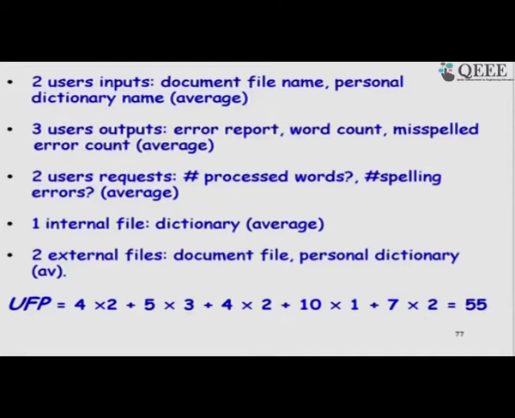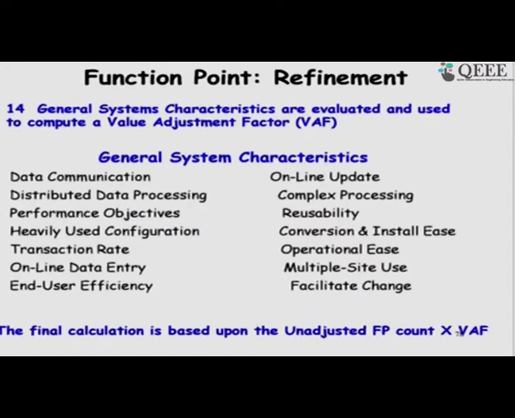and the next step would be to compute the value adjustment factor to either scale this up or down to get the final function point, depending on what the reliability requirements are and so on. So, Albrecht identified 14 characteristics of the software, and each of these we have to judge on a scale of 1 to 5. We will see what the scale means.